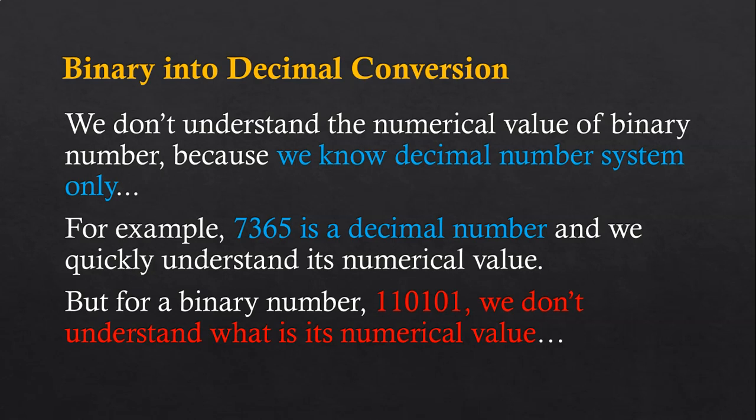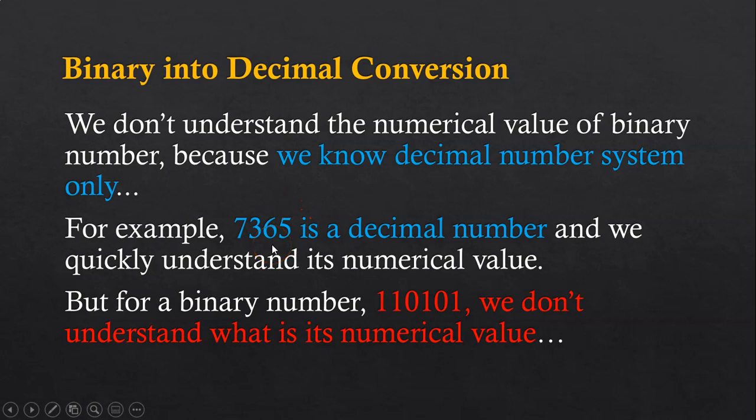For example, 7365 is a decimal number, and we can quickly understand its numerical value. If I write 7365, then we immediately come to know the value of this.